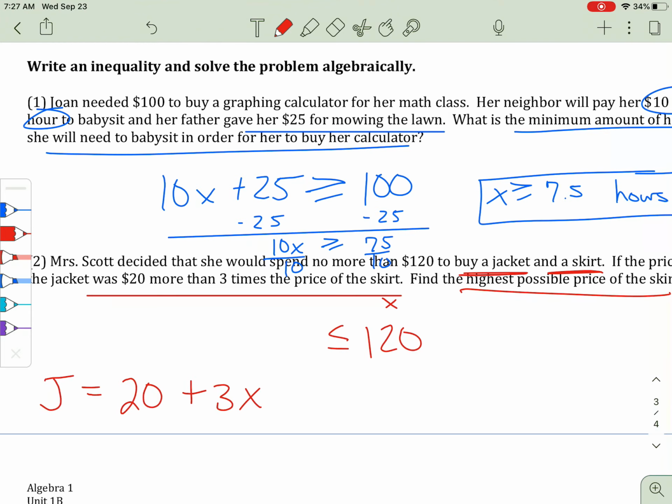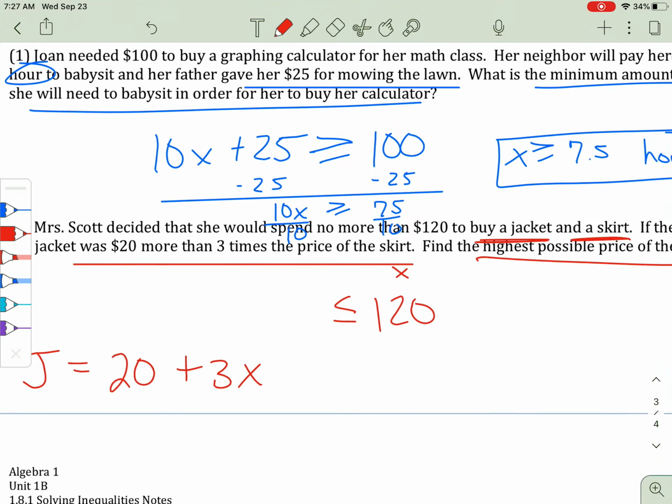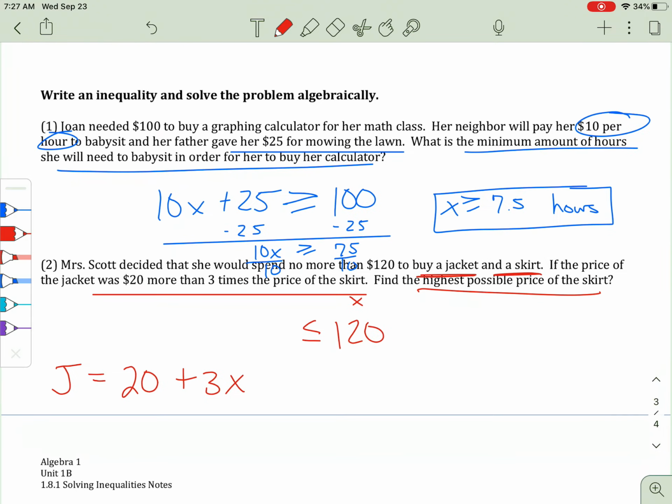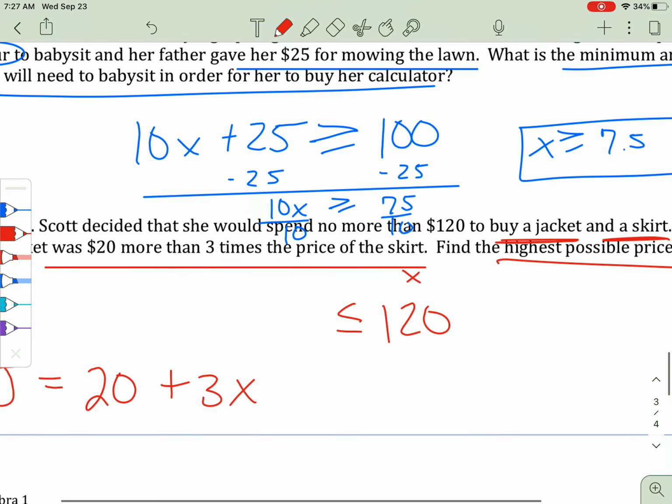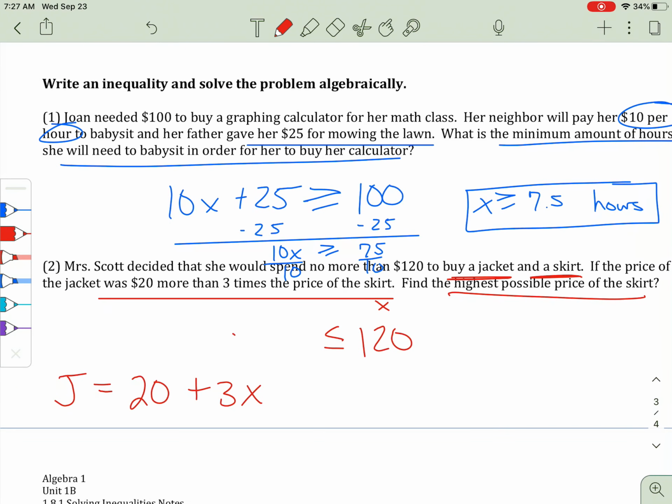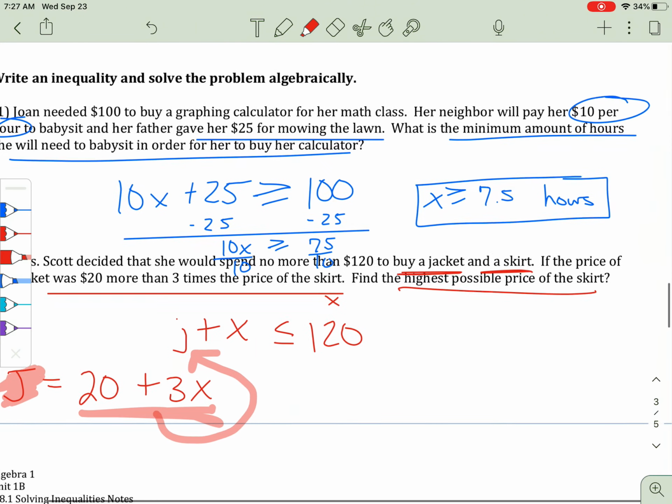I'm gonna use x for skirt here. Okay, well, it says find the highest possible price of the skirt. Okay, well, you're going to set up 2 here. You're going to do the jacket and the skirt, give you $120. But now I'm going to take this J, since it's equal to all of this, and I'm going to replace this in for that J.